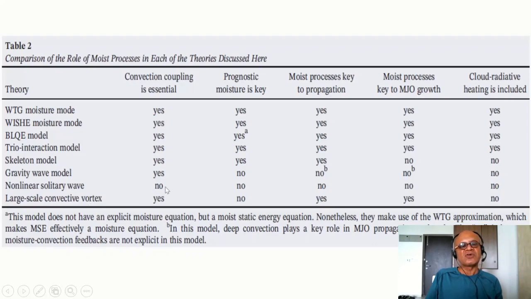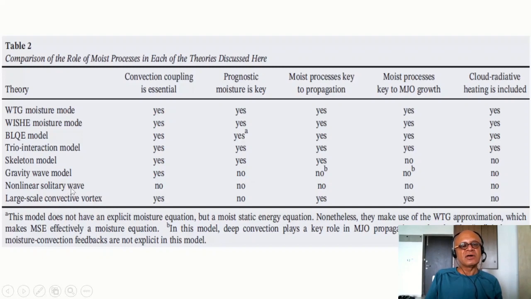Moisture processes are critical except in the nonlinear solitary wave. So basically everybody needs moisture to be a key ingredient, and most of them require moisture to be a key prognostic variable and not a diagnostic. So it's not just a passive tracer, it's an active tracer in that sense.